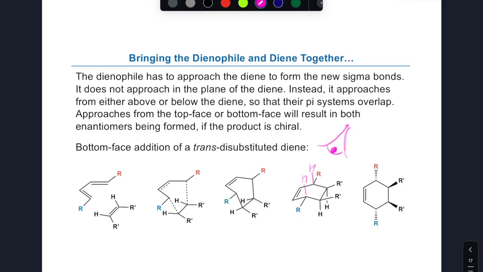That's why here and here, in the wedge notation, those will be hydrogens. Dashes below that are these two over here. Similarly, these two are going to be wedge, and the two hydrogens down would be dash. So that's the relative geometry if we approached from the bottom that ends up turning into this geometry over here.